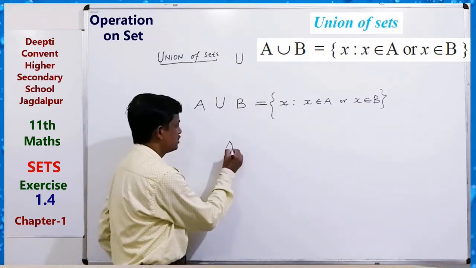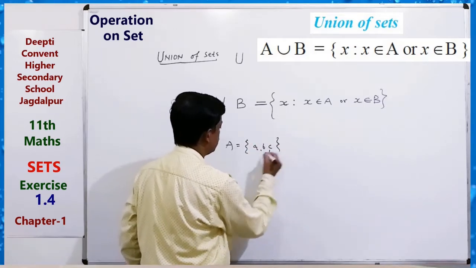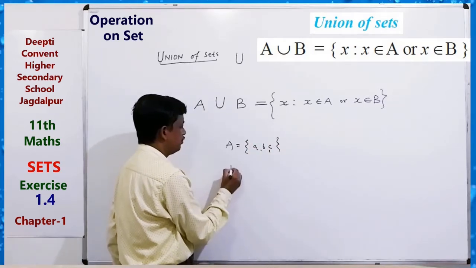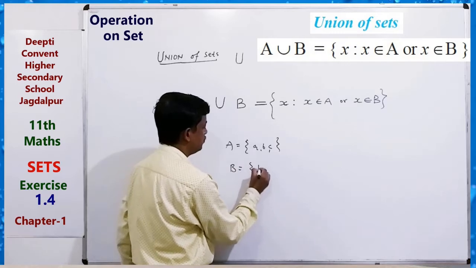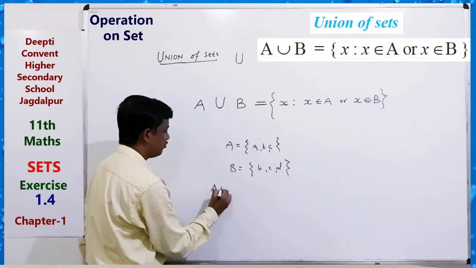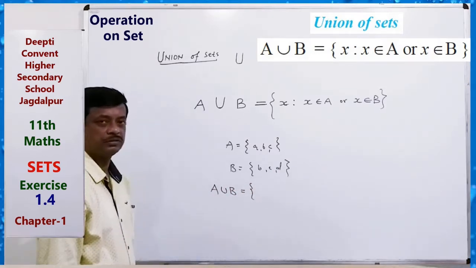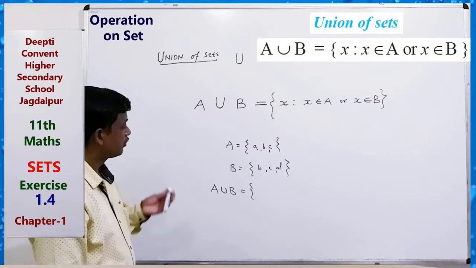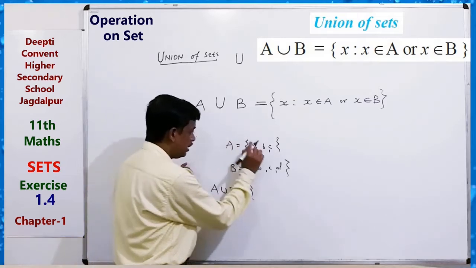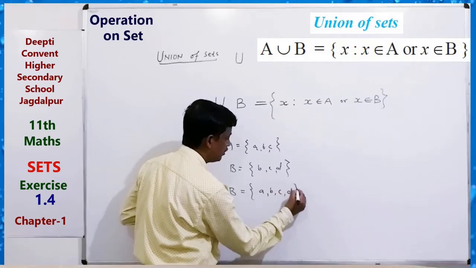For example, suppose A equals {a, b, c} and B equals {b, c, d}. Then A union B equals {a, b, c, d}.